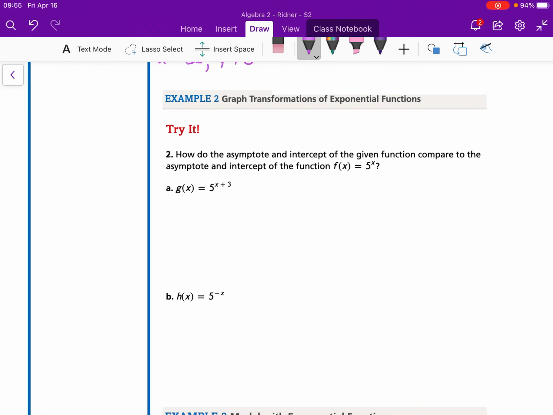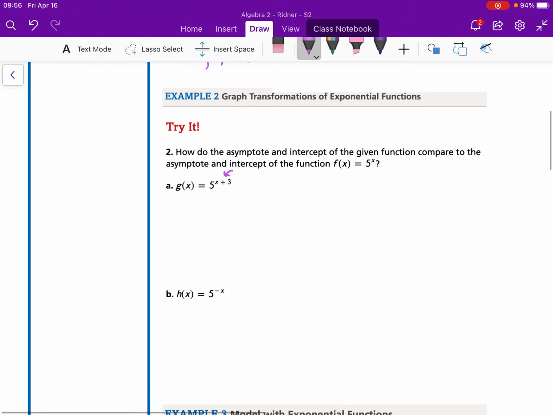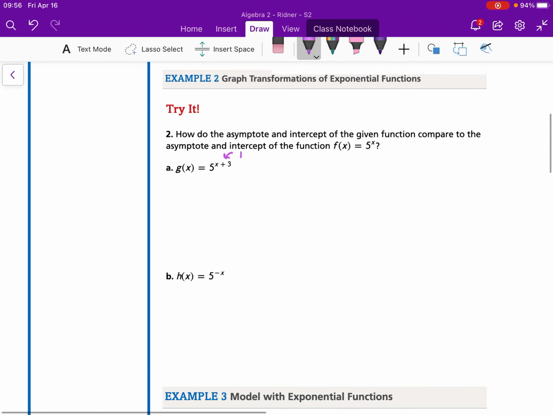Transformations, again, we have hit them in every topic except probability because we didn't graph in probability. We're going to hit them again. So remember, if the plus is with the x, it means to go left. And it's going to go left however many that number is. So in this case, left 3.